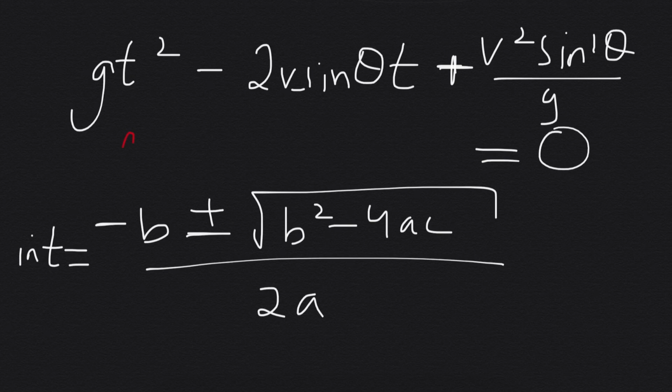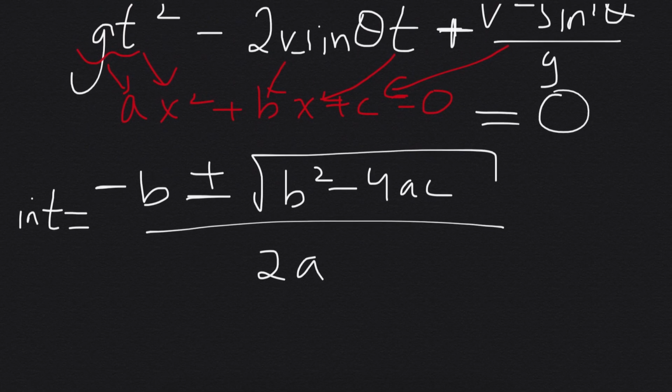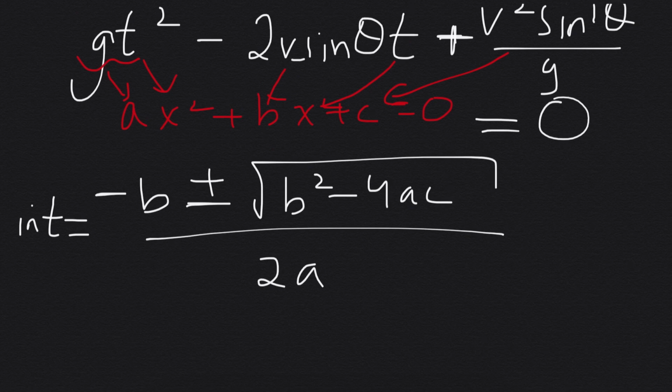Well, if you're confused about what these things mean, just remember ax squared plus bx plus c is equal to 0. Make t's as x's, and whatever these constant values are, they're just b and c, okay? And that's all you have to really do. So let's plug those values in.